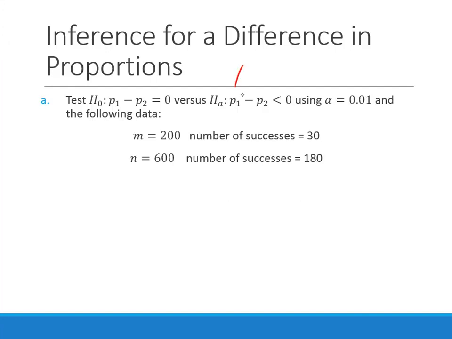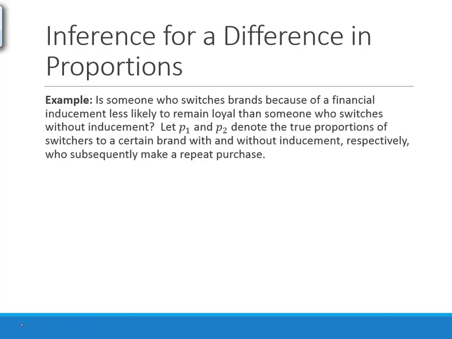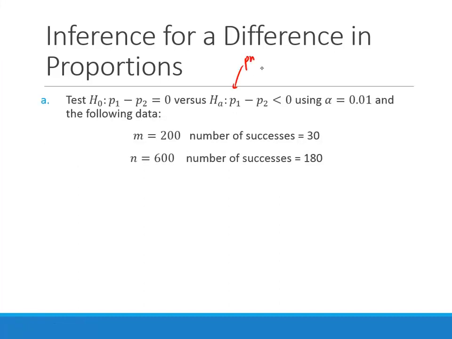So again, P1 is the proportion loyal among those who switched with the inducement. And then we have the proportion loyal without the inducement.